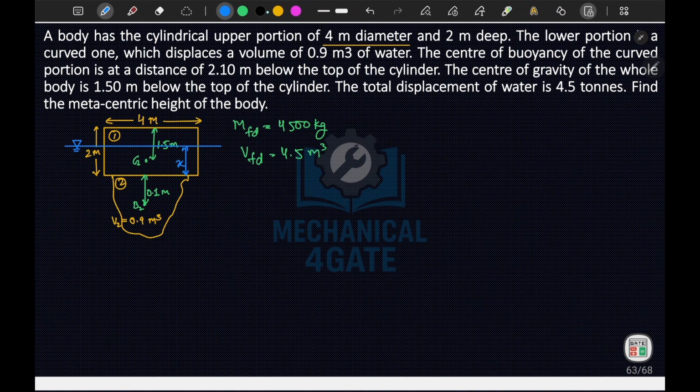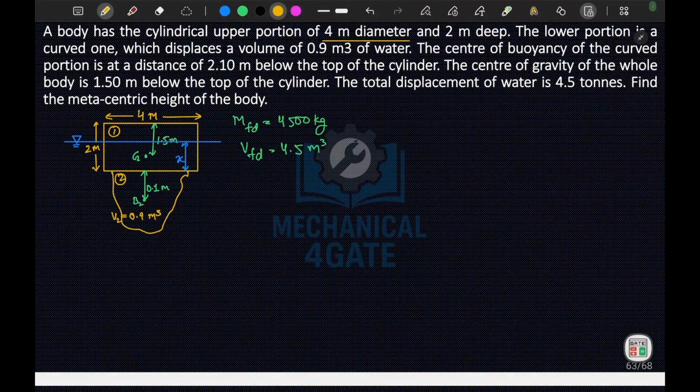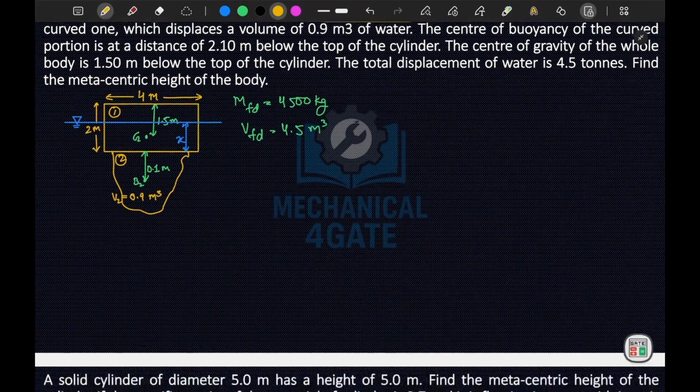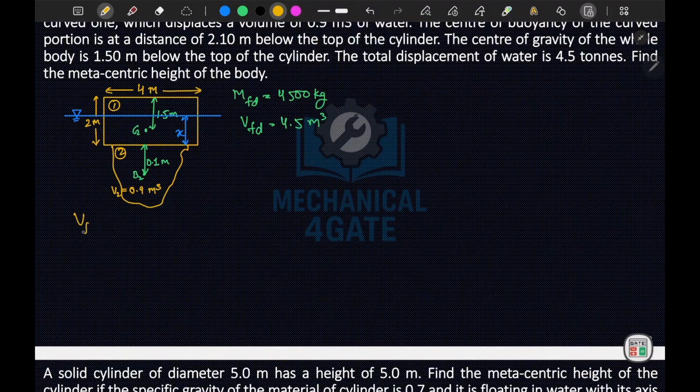Okay, so if I write the equation here, volume of fluid displaced is equal to v2 plus pi by 4 times d square, where d is 4, into height. Height is your x. Okay, this is your volume. So if you solve this, 4.5 is equal to 0.9 plus 4 pi times of x.